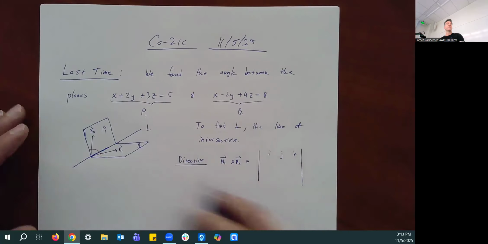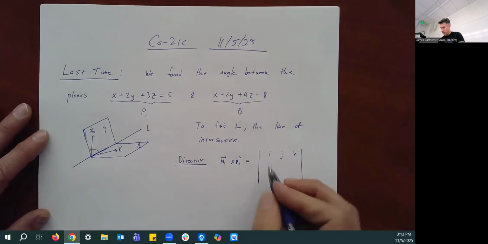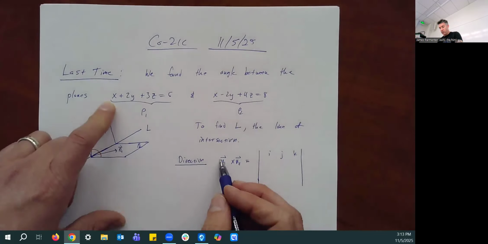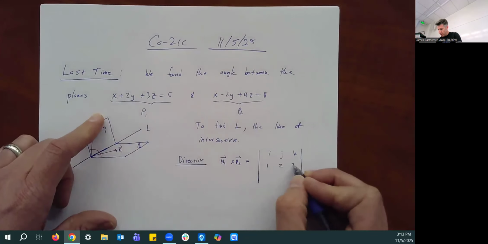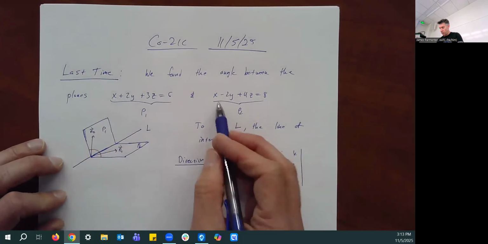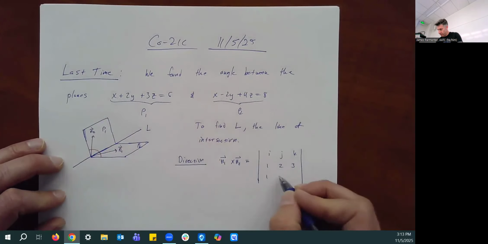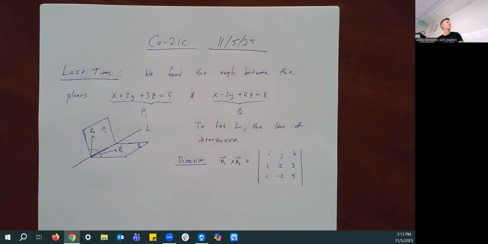That's going to be the usual cross product, the determinant of the matrix i, j, k, and then n1, the normal vector of P1, is 1, 2, 3. n2, the normal vector of P2, is 1, negative 2, 4. Which is not too terrible.